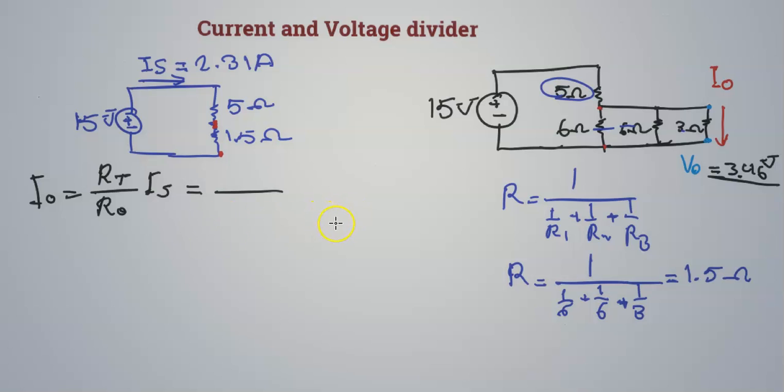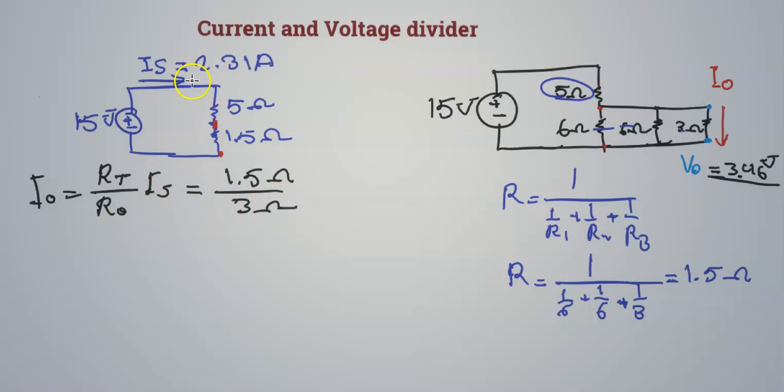You have to be a little bit careful here: when we say R total, it is not referring to the whole circuit, it's referring to the total resistance of these three resistors. So let me plug in the numbers. The total resistance of these three is 1.5 ohm, and for the particular resistor we are looking at, it is 3.